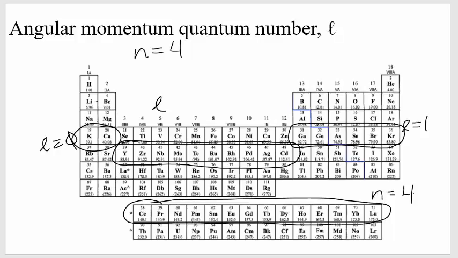We have an L value of 2 for this section of the transition metals, and then an L value of 3 for the inner transition metals. So for each n value, there can be a few different possible L values. It just depends on which n value you're talking about.